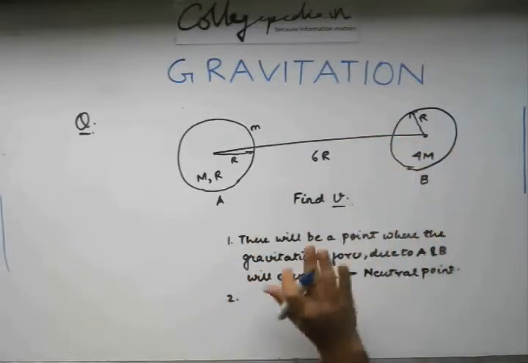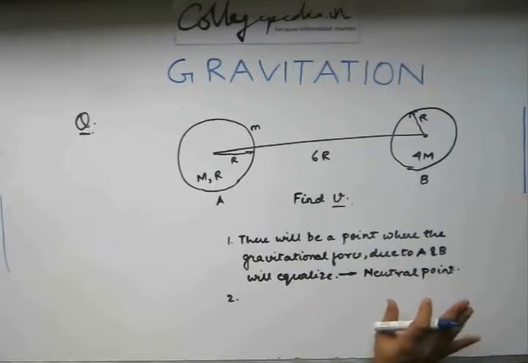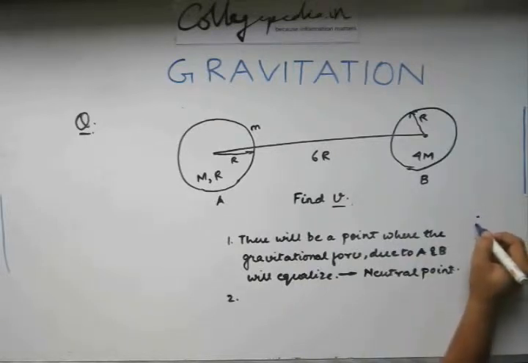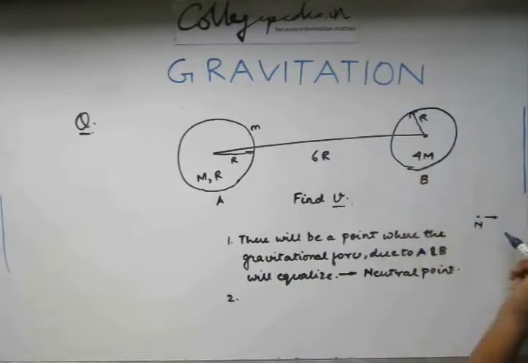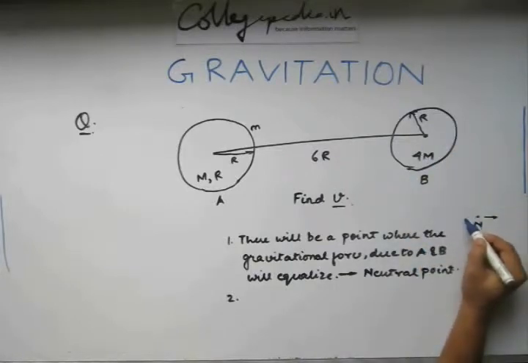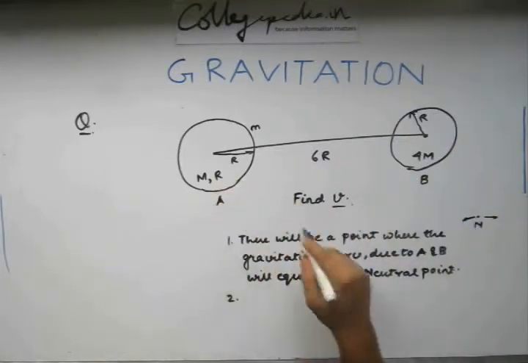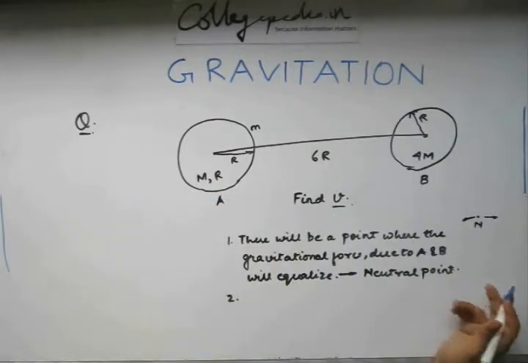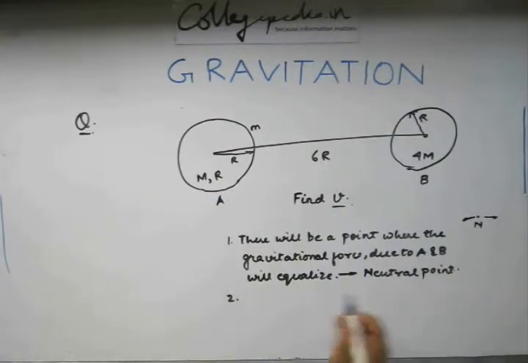Beyond that, the other body will be able to attract it towards itself. So basically, let's say this n is a neutral point. Towards the right of the neutral point, the attractive forces due to B will dominate, and towards the left of this neutral point, the attractive forces due to A will dominate. This is what the general situation will look like.